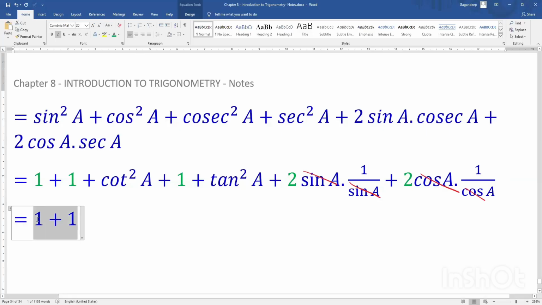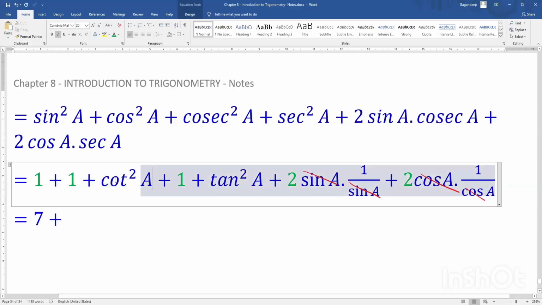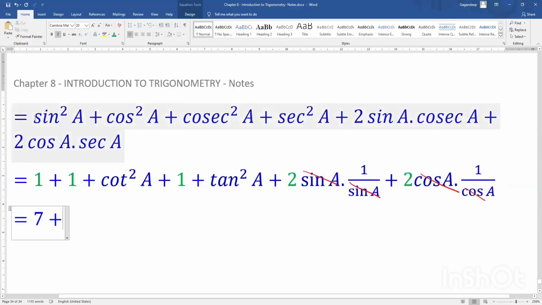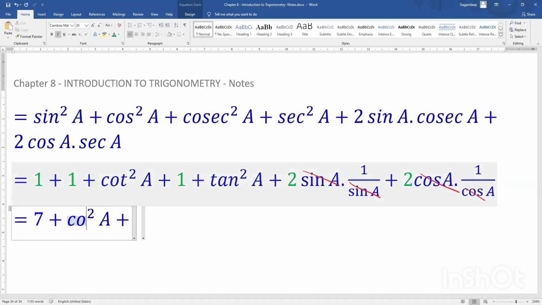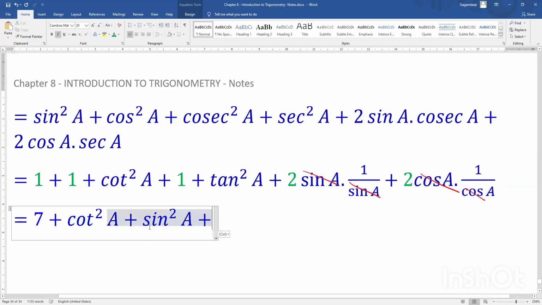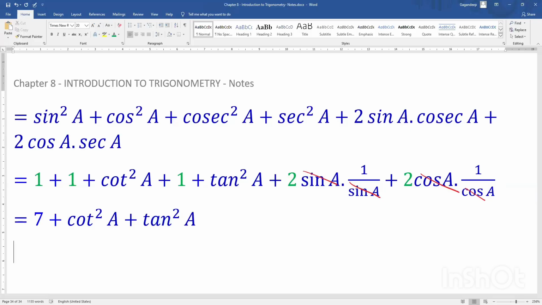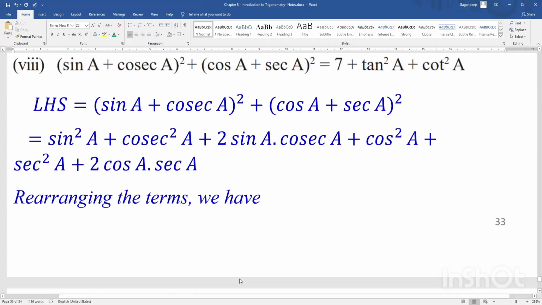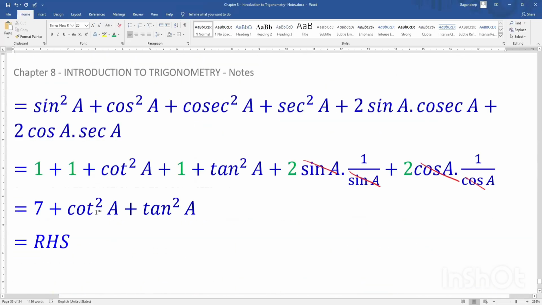Totally you get 7, so 7 plus cot square A plus tan square A. So finally it is equal to RHS, hence proved.